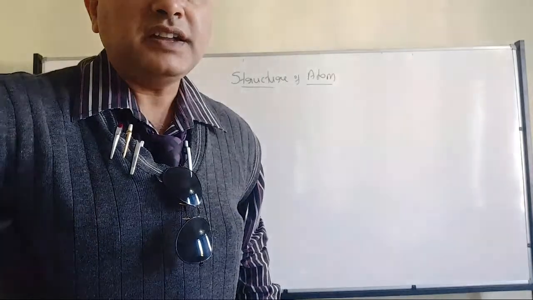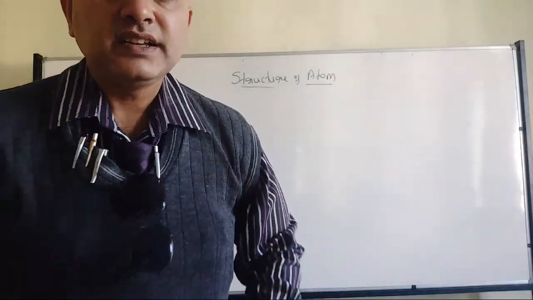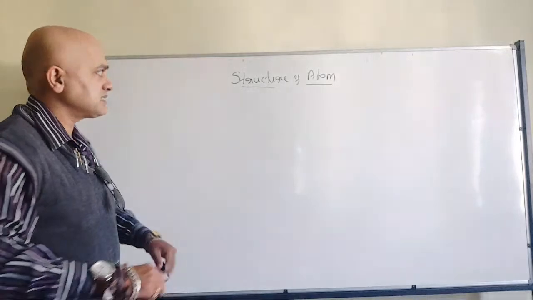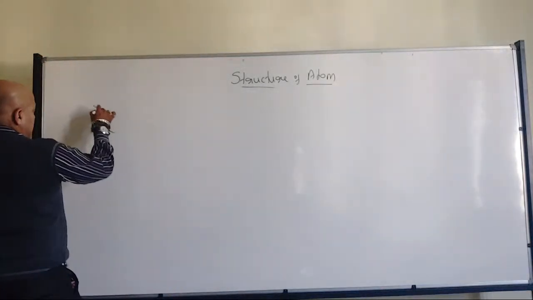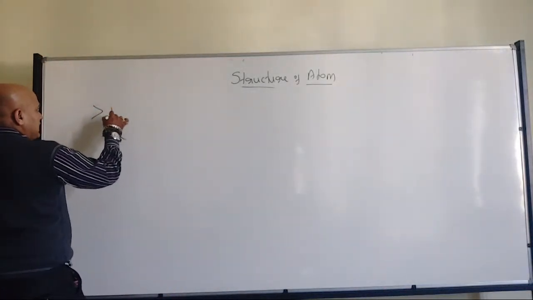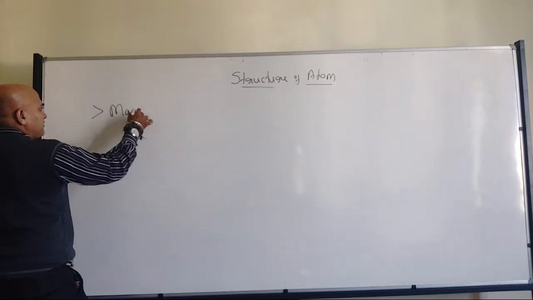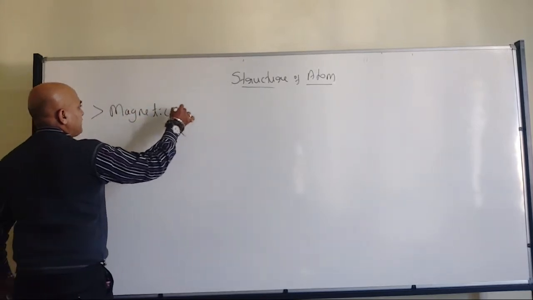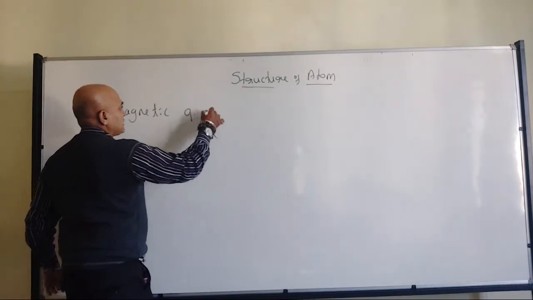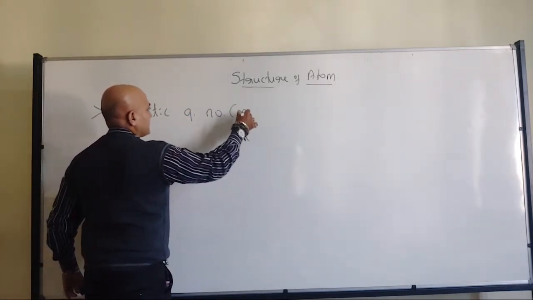Okay, spin quantum number. Yes, Suchita. Yes, we have discussed about spin quantum number, and before that, even we have seen what will be the value of magnetic quantum number.